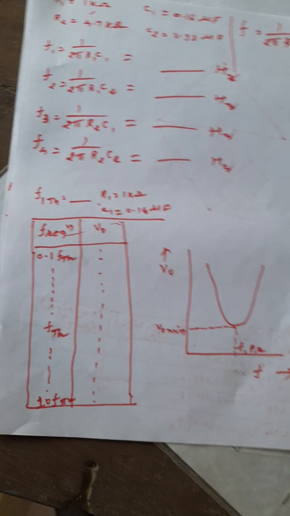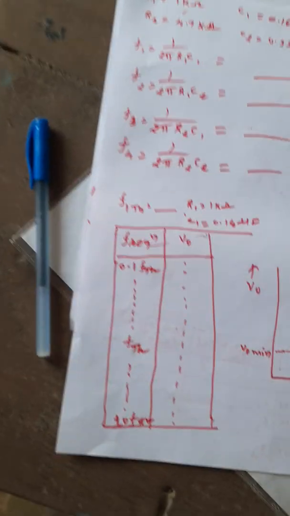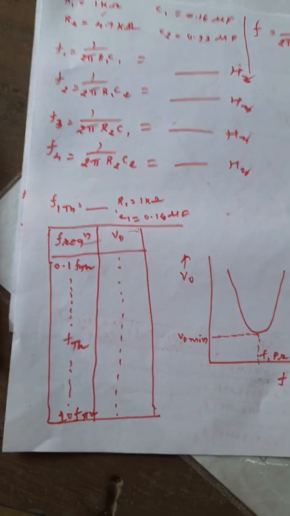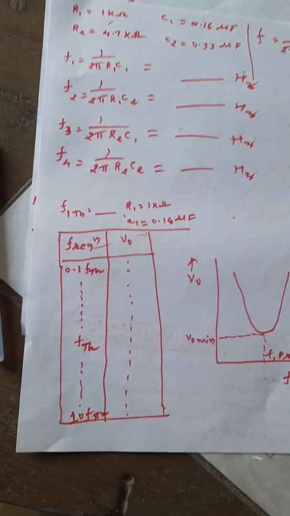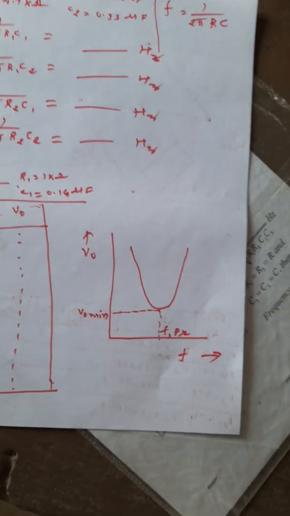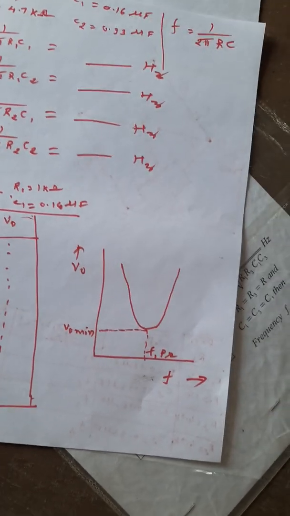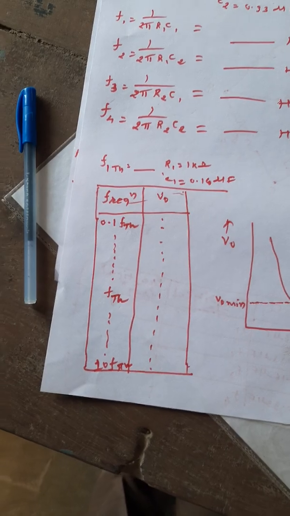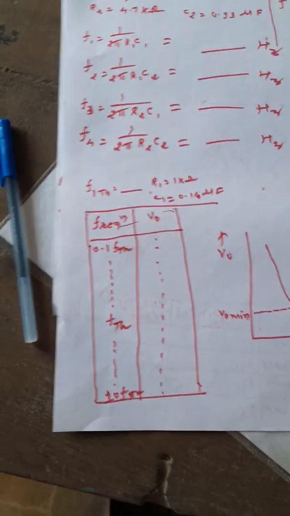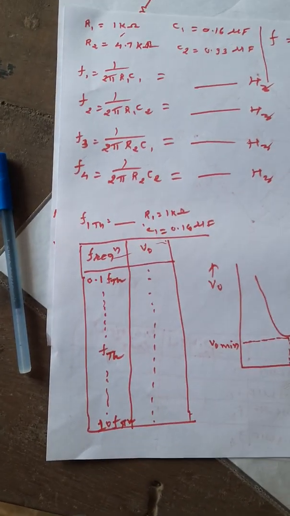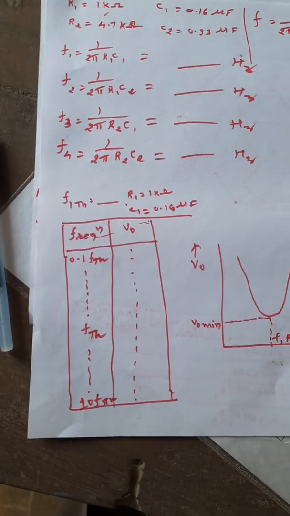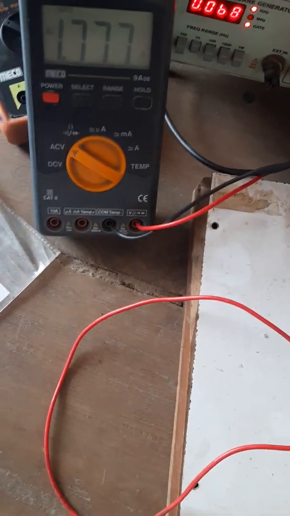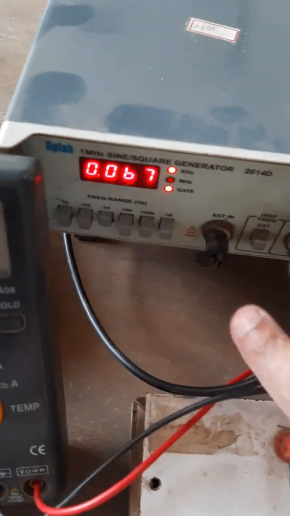For that, we are going to vary the frequency between 20 hertz to 2000 hertz, which is 10 times less than the 200 hertz and 10 times greater than the 200 hertz. So we are going to vary the frequency between 20 hertz to 2 kilohertz. So let me start at the minimum in this range we have selected.